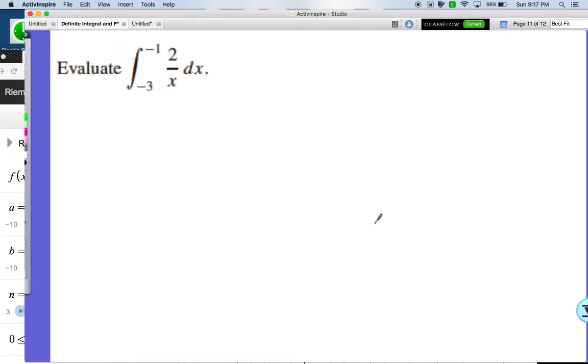All right, and then to finish this out for this lesson, let's look at one that's going to give us an antiderivative of natural log. All right, so antiderivative of 2 over x. If it was just 1 over x, it's the natural log, but it has a 2, so the 2 is our coefficient. And then the natural log, remember we have to do the absolute value of x.